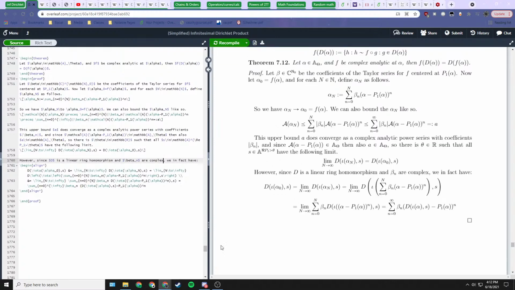So we pull out the betas with the limit, combines with the summation, and then we just end up with pulling all these out. And that is simply f of d iota alpha s.